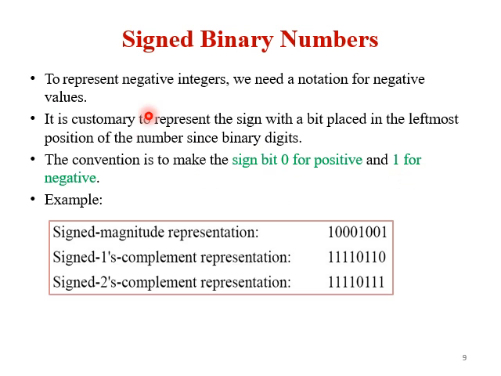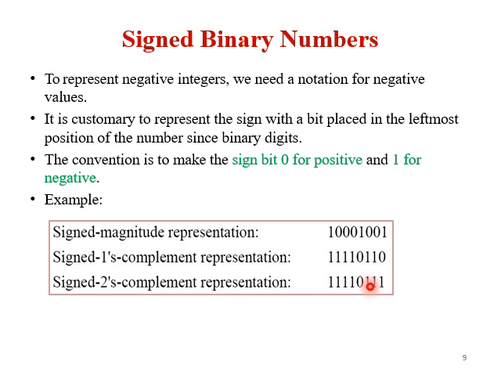Next, for sign magnitude numbers, to represent negative integers we need a notation for negative values, right? The convention is to make the sign bit 0 for positive and 1 for negative. For example, if the sign magnitude representation of a particular number is 10001001, then in 1's complement I can represent the inverse of that number, and the 2's complement is the 1's complement plus 1.